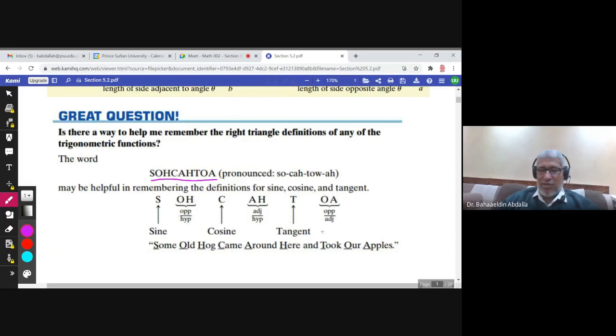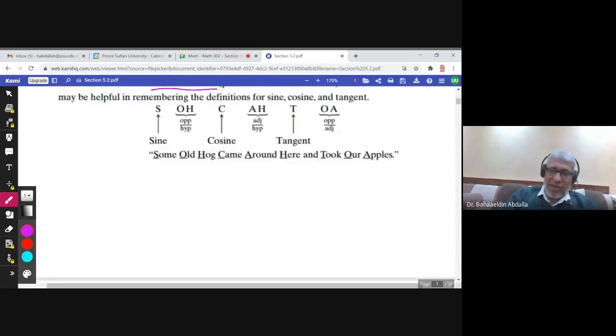So this is the word that will remind you that sine is the opposite over hypotenuse, cosine is the adjacent over hypotenuse, tangent is the opposite over the adjacent.